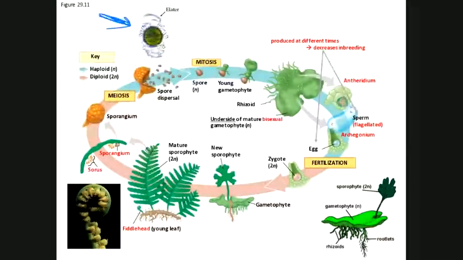Now go back to the bisexual gametophyte for just a second, right? The spore germinates into a young gametophyte, and eventually we have a bisexual gametophyte. You would think that having both sex organs in such close proximity would increase the chances of inbreeding. This is kind of what it looks like from the side, by the way. There's the rhizoids, and there's the root coming out of the sporophyte. Well, nature's pretty clever.